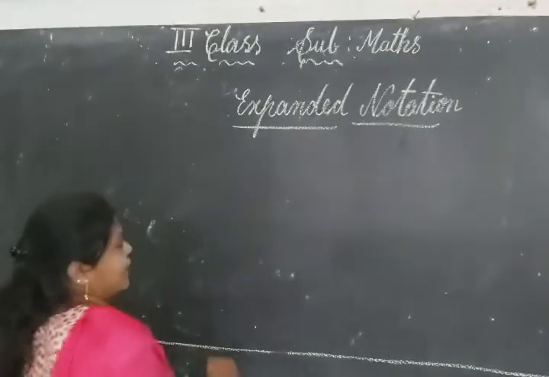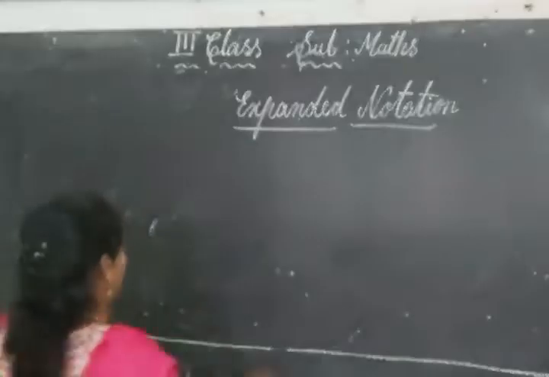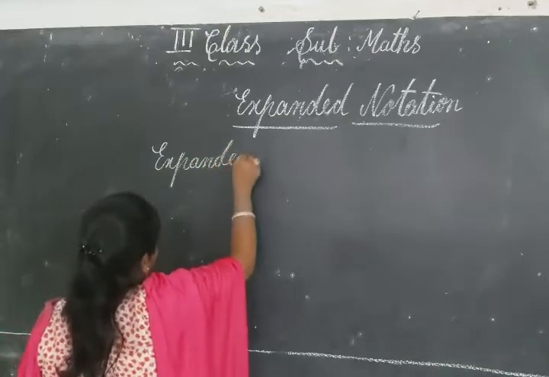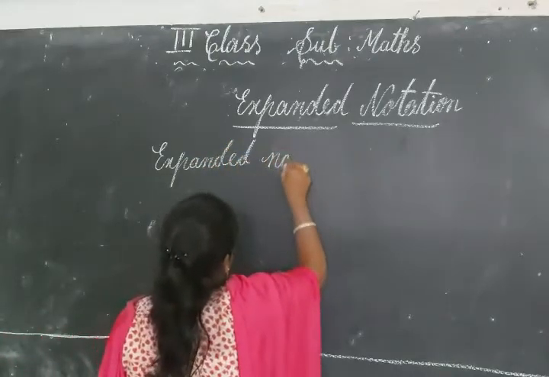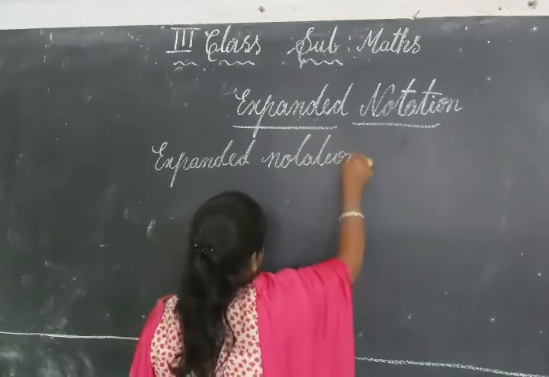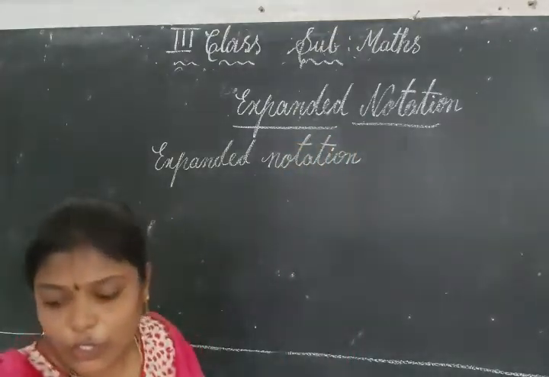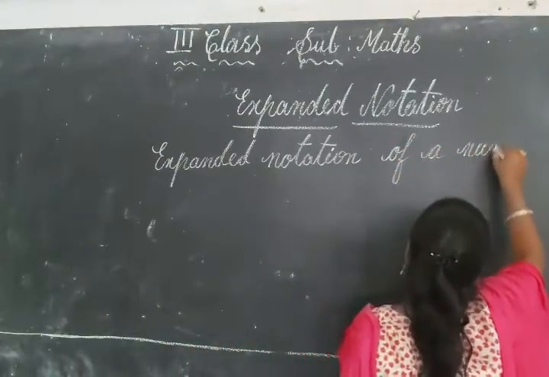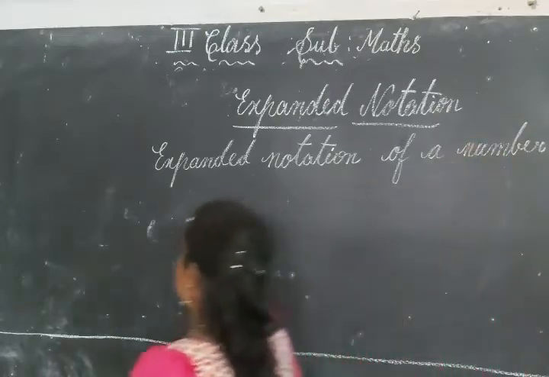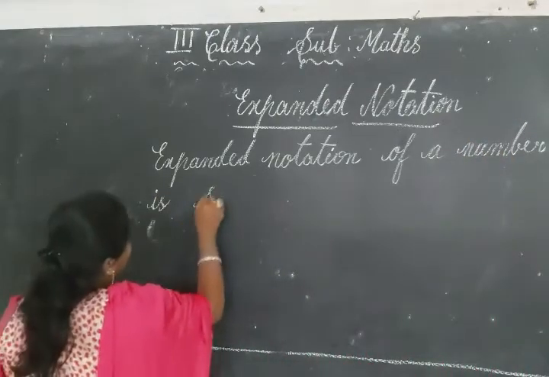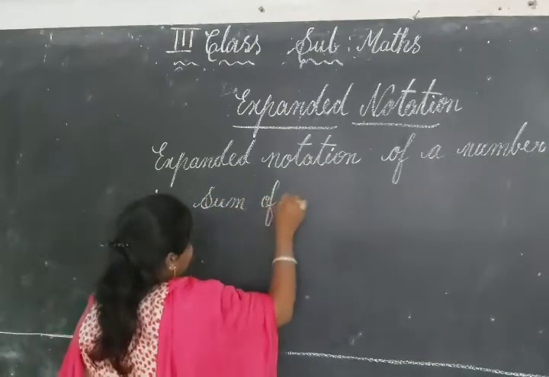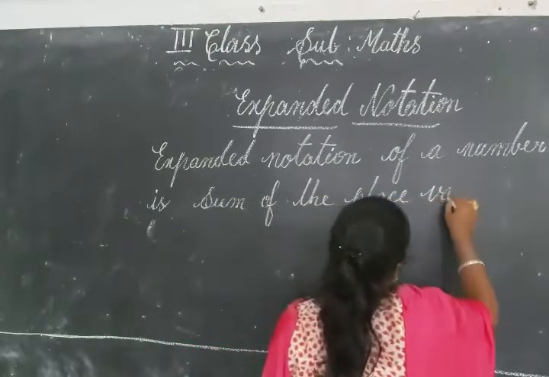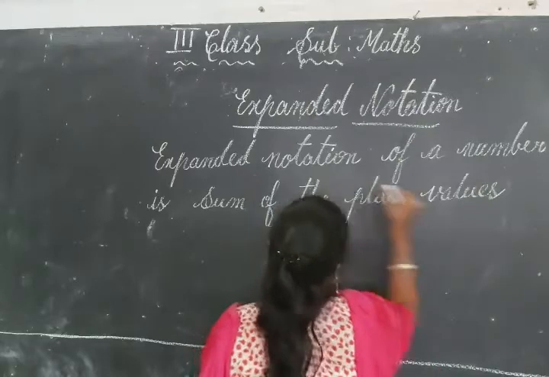Now, let us see the definition. What is expanded notation? Expanded notation of a number is sum of the place values of its digits.